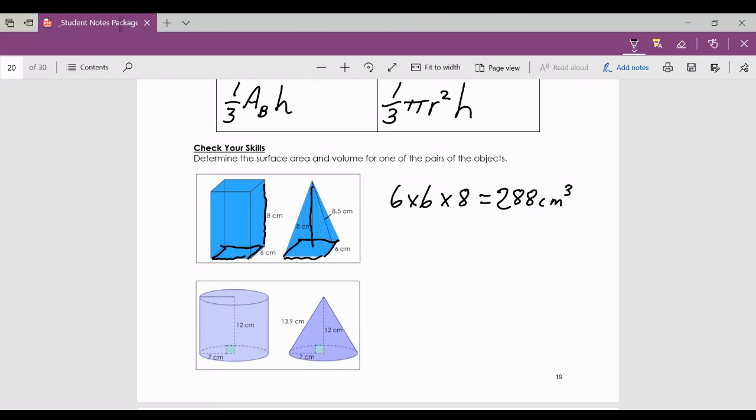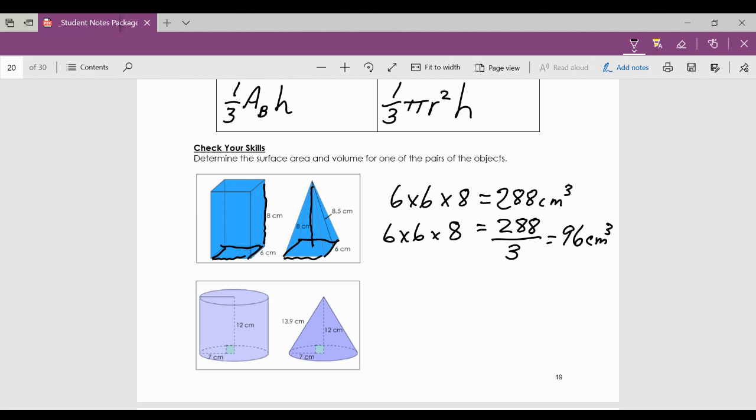So we can simply multiply the area of the base, which is again 6 by 6, by the height of that pyramid. We know that's going to be 288. And now we divide by 3 in order to get the volume. That works out to 96 centimeters cubed. So remember, dividing by 3 when you're finding the volume of a pyramid.